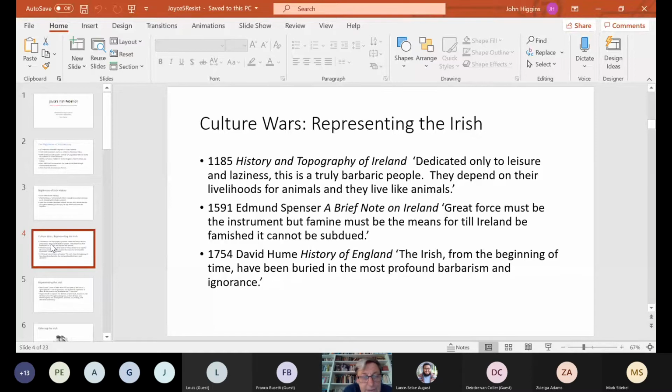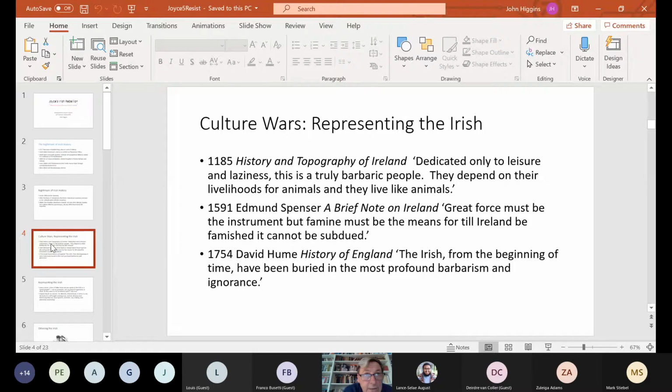Some hundreds of years later, in 1591, the great poet, famous as the author of The Faerie Queene, wrote a brief note on Ireland, writing that great force must be the instrument, but famine must be the means, for till Ireland be famished, it cannot be subdued.